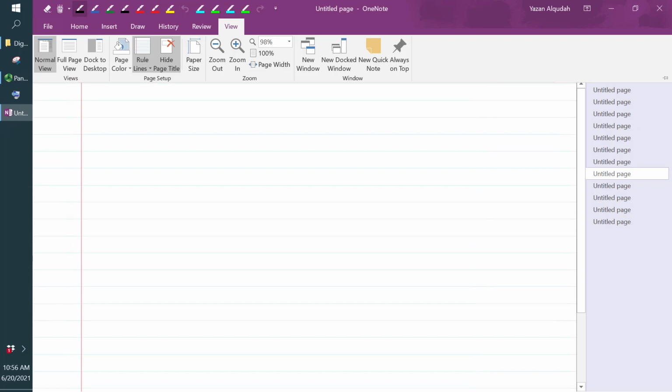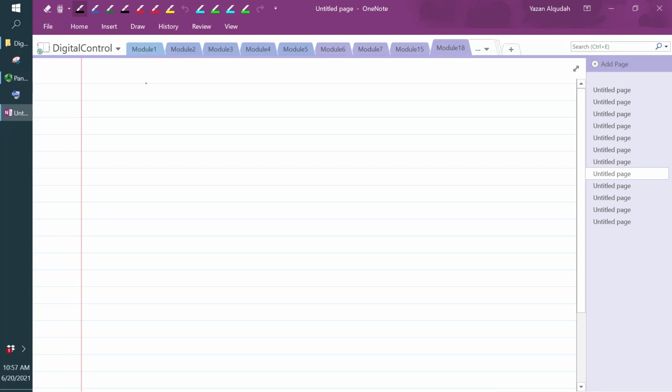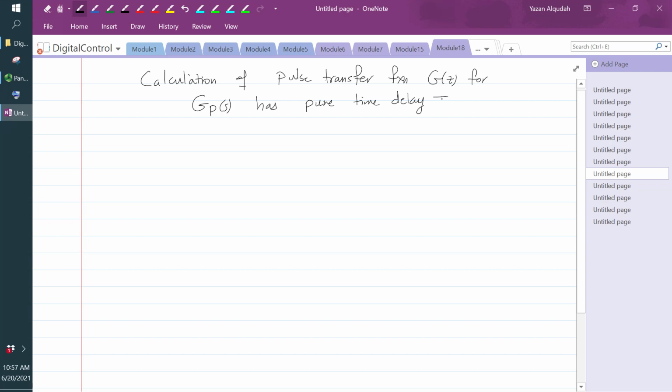Now what we want to do is calculate the pulse transfer function. Calculation of pulse transfer function G of Z for the case when GP of S has pure time delay. What does that mean?